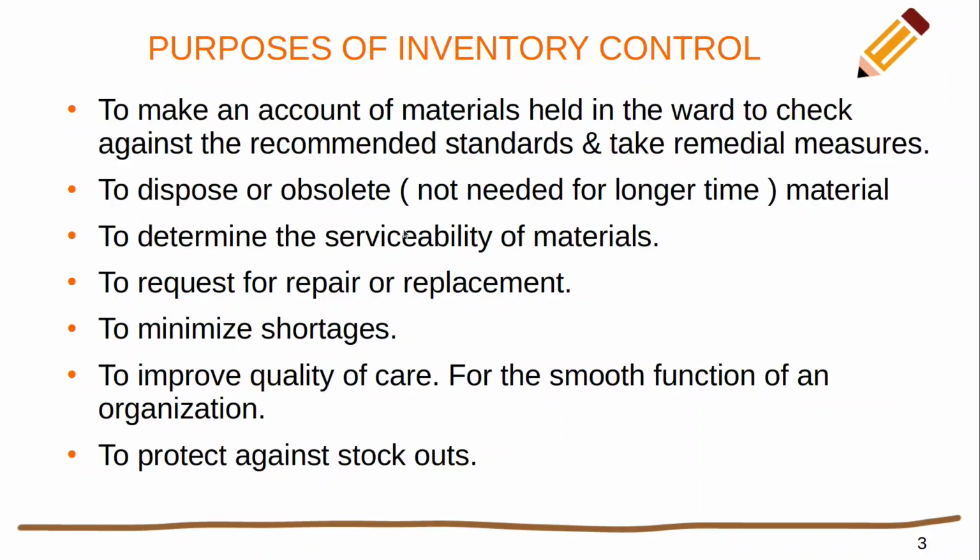All those details, including whom to contact for service or repair, are maintained in the inventory. To request for repair or replacement: if the monitor is not working, you can check the inventory register where all the details are available, so you can call the service person or ask for replacement, if it is in the warranty period.